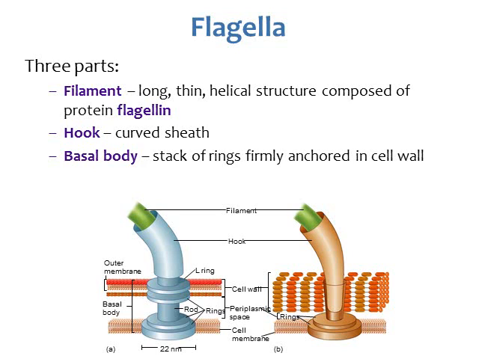This filament goes into a part called the hook, and you can see this on the diagram. And then that hook is the part that attaches the filament to the basal body. And the basal body is a stack of protein rings that is anchored into the cell wall of your bacteria cell.